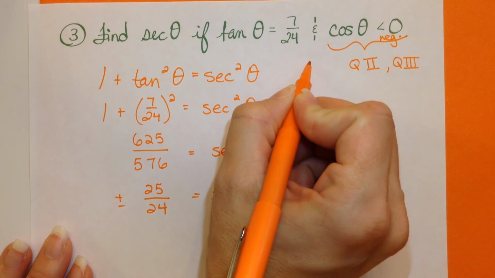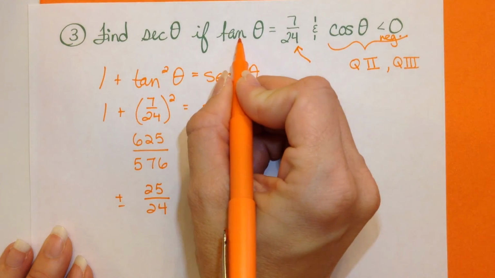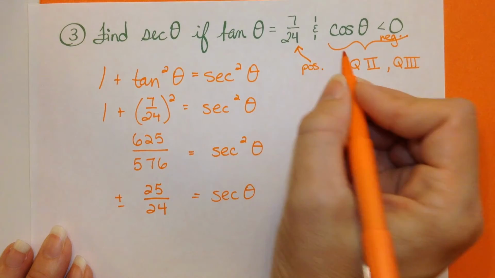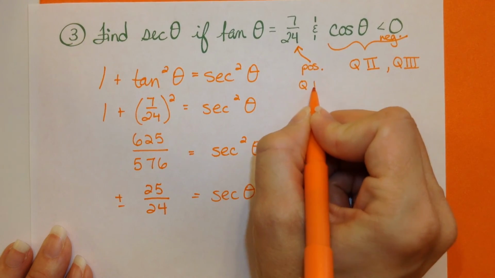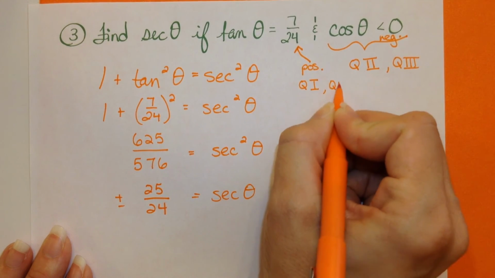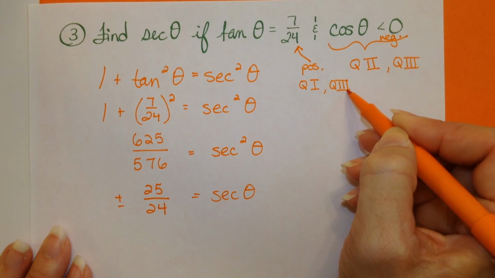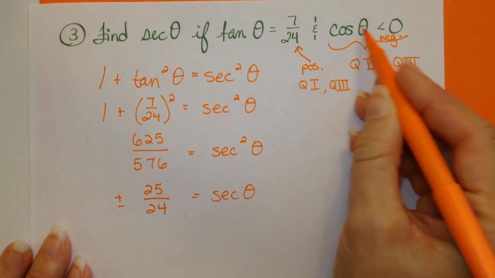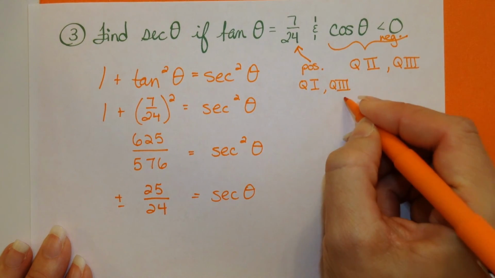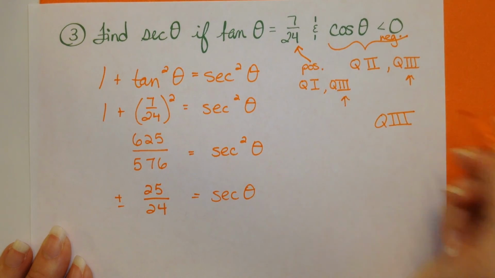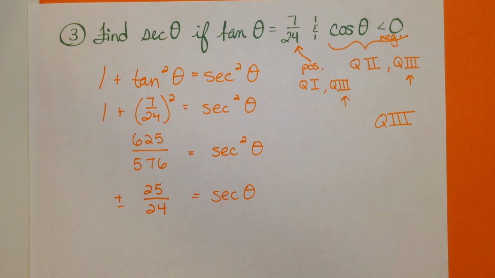And that's going to come in right here. The value that you're given for tangent is positive, and tangent is going to be positive in the first quadrant and in the third quadrant. So meeting both of these conditions is going to require the third quadrant. Now I know exactly which quadrant I'm in.